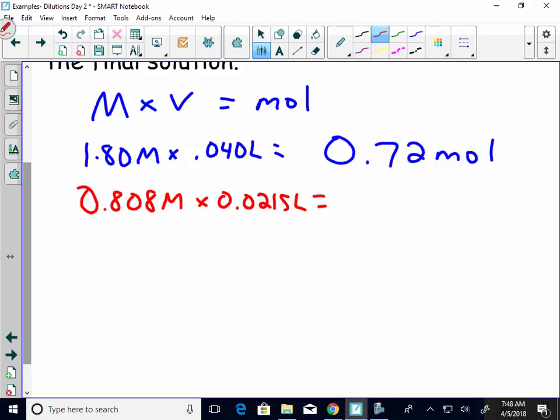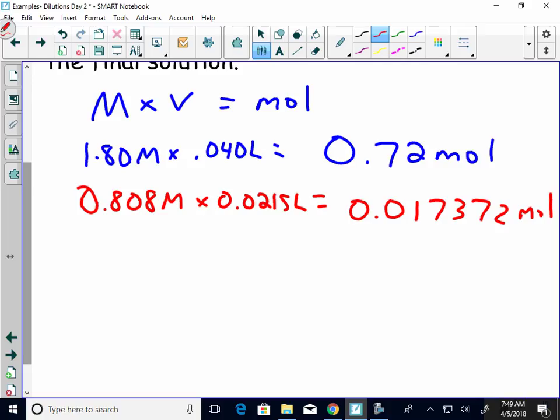So when I find my number of moles for that one, I came up with a value of 0.017372 moles.